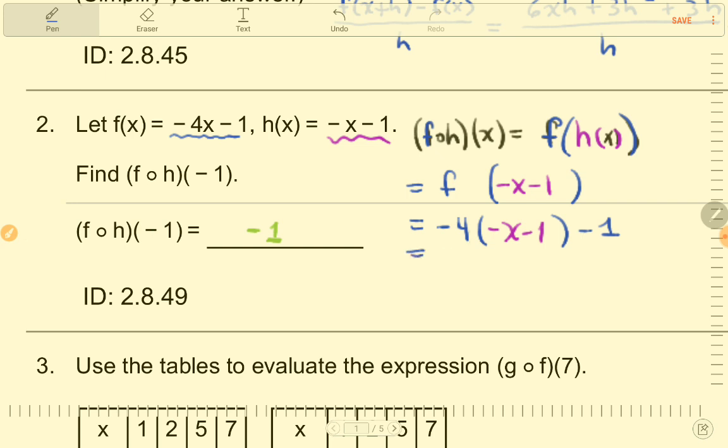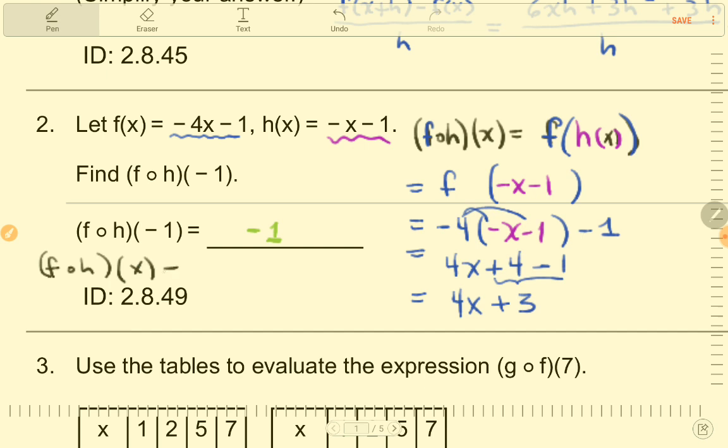So to simplify that, I will distribute the negative 4 and get positive 4x plus 4, and then bring down the negative 1. So I have 4x plus 3. Alright, so I just figured out that f composed with h of x is the function 4x plus 3.